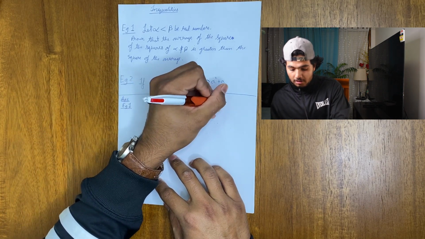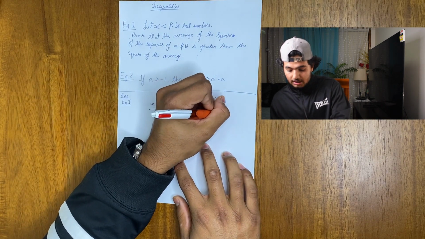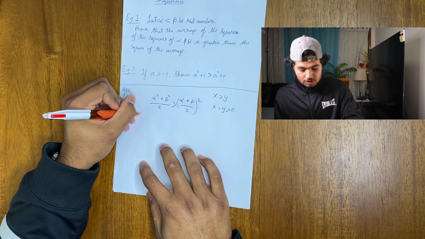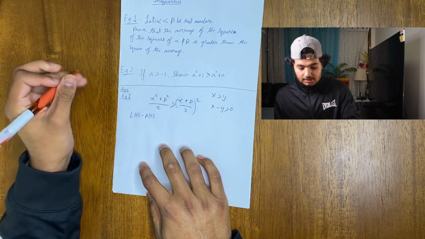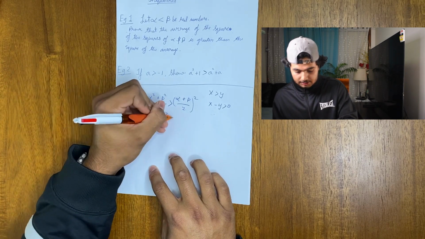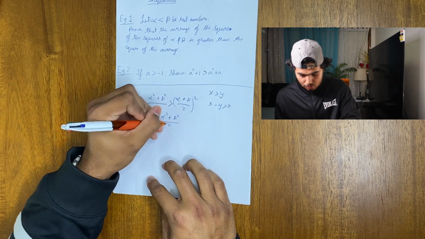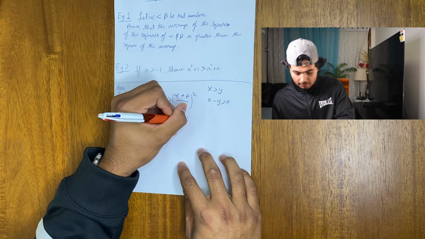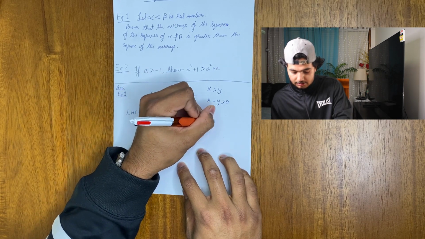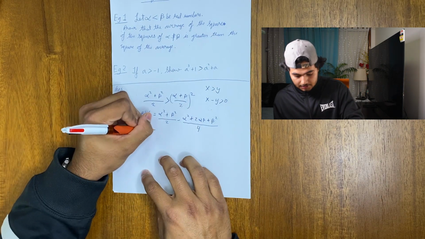if x is greater than y, x minus y is greater than 0 is what we're trying to prove here. Same thing on this side, we can go LHS minus RHS in this case is going to equal alpha squared plus beta squared all upon 2 minus, expand the top, we have alpha squared plus 2 alpha beta plus beta squared all upon 4 in this case.